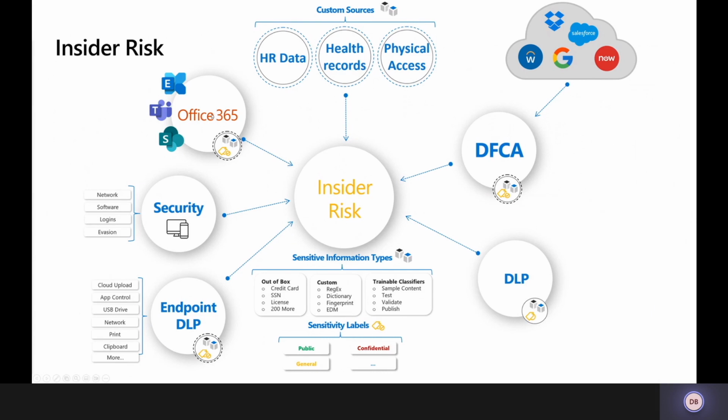Similarly, with Office 365, audit logging needs to be enabled and tuned properly for your environment. You need to make sure that things like mail items accessed have been properly set up and you're actually auditing all of the capabilities of Office 365.